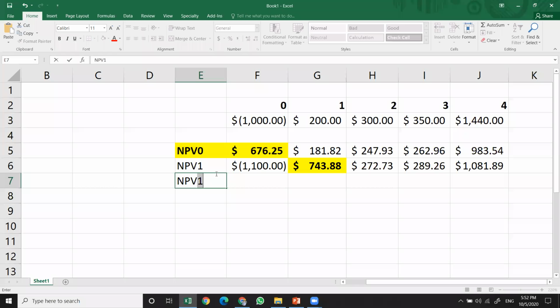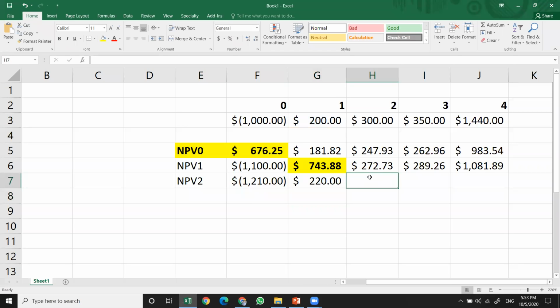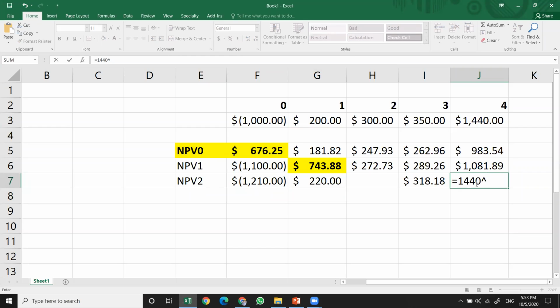So NPV2, which means that this 1000 is timed by 1.1 to the power of 2, because we're bringing to here, we are planning to calculate the NPV here, and this 200 times 1.1 to the power 1, and 300 is 300, so this 350 should be discounted to the power of 1, and this 1440 should be discounted by 1.1 to the power of 2.